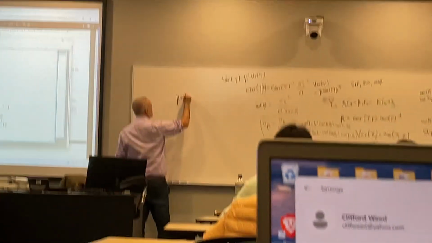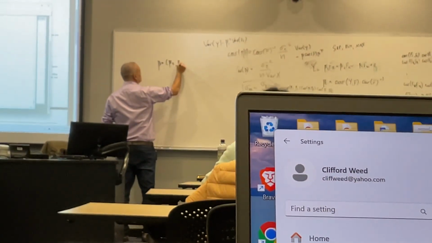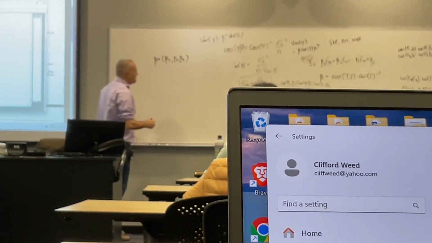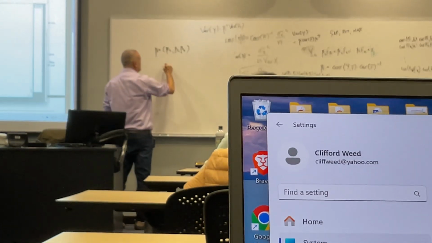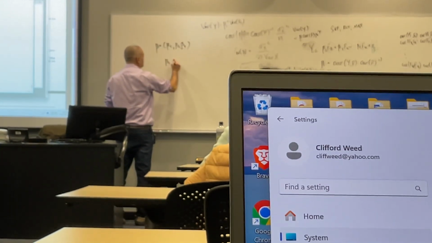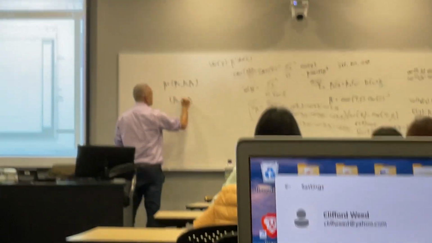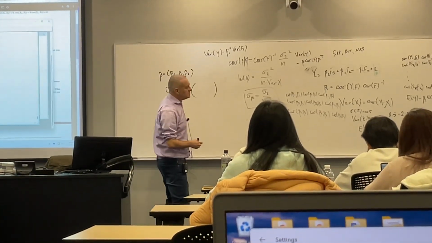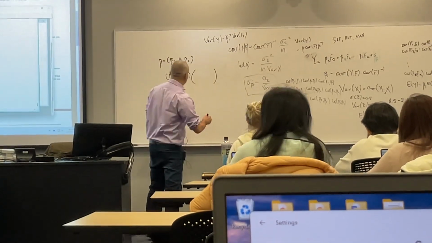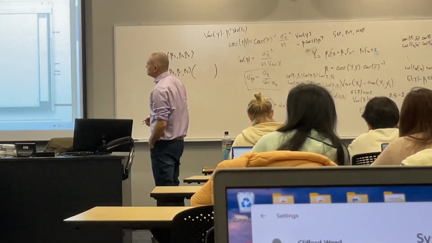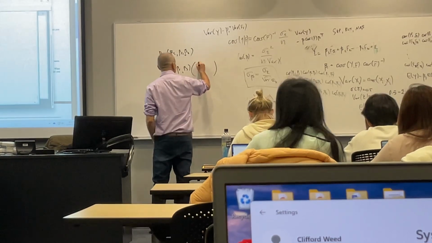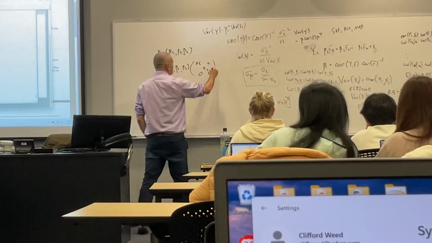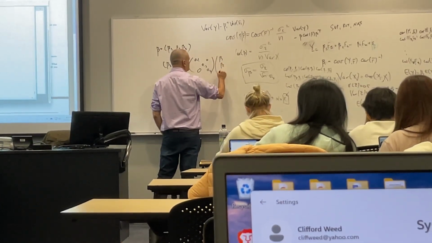Beta is a vector of beta 1, beta 2, beta 3, times your covariance matrix, which I think was 0.2, 0.3, and 0.4, and zeros elsewhere, and then beta 1, beta 2, and beta 3.